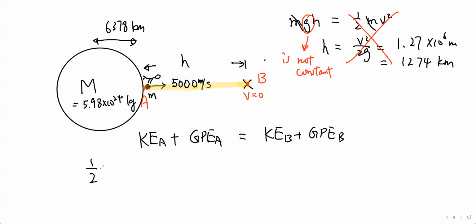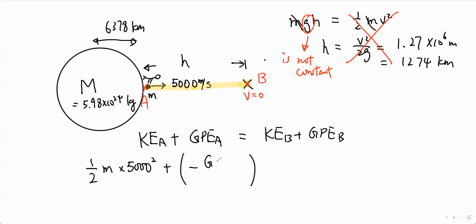So then we just write down the formula. The KE at point A is half mv squared. Now the GPE, remember, we have derived the formula. It's negative GMm over r. Now you don't need to take a look at the textbook, because the textbook didn't give you a formula of GPE, but gives you another one. I don't like that one. Actually, the students will prefer I introduce this one first.